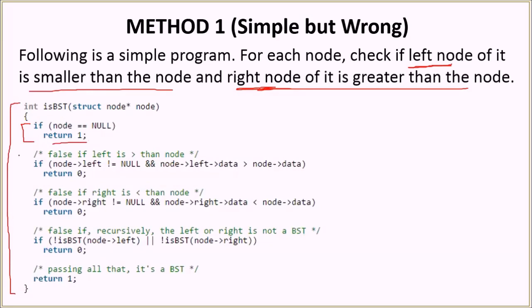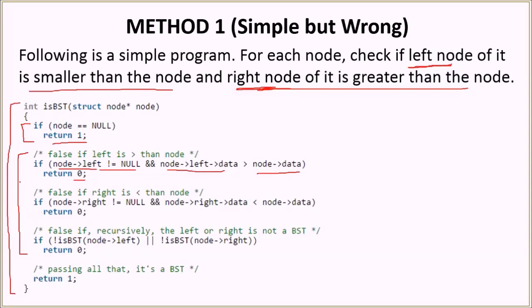Then we have the three conditions here. We are checking the immediate left node that it should not be null. This is basically the sanity check. And then we check the data inside the left node with the data inside the current node. If the data in the left node is greater than the current node, then we return false, saying that it's not a binary search tree.